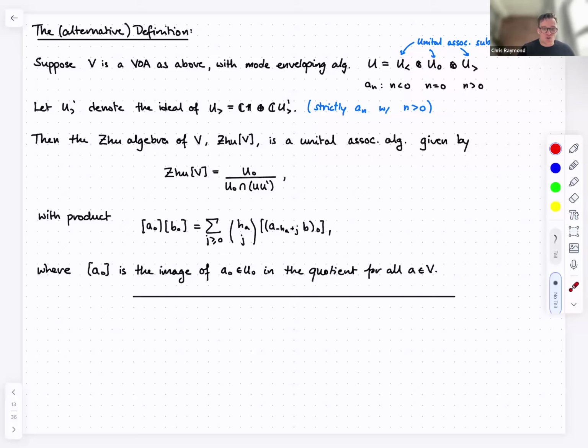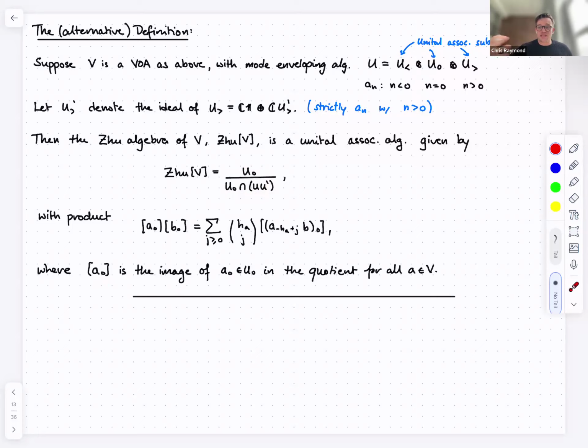This funky bracket notation just indicates that I'm taking the image of A_0, which lives in this zero mode part, in the quotient. So in this particular quotient, I want to take the image of any one of these, and I want to do that for every vector that I have in my vertex algebra.